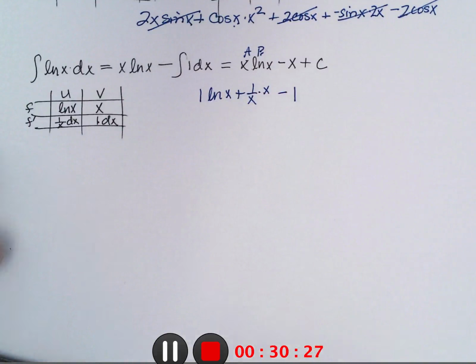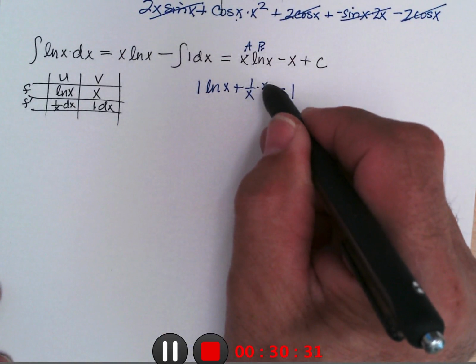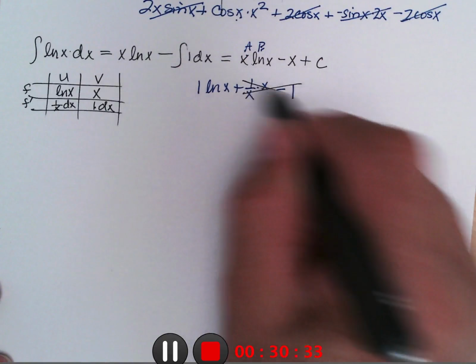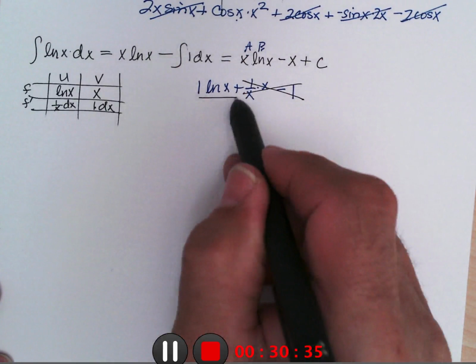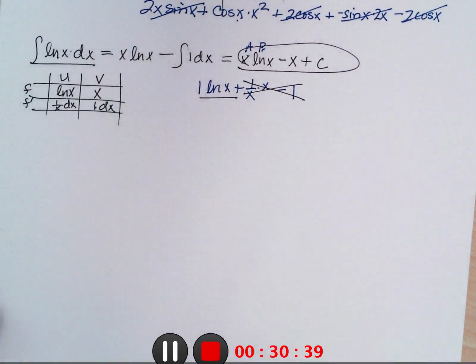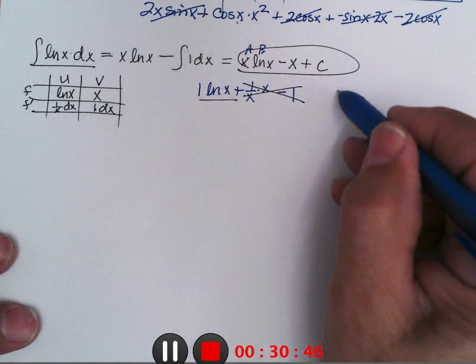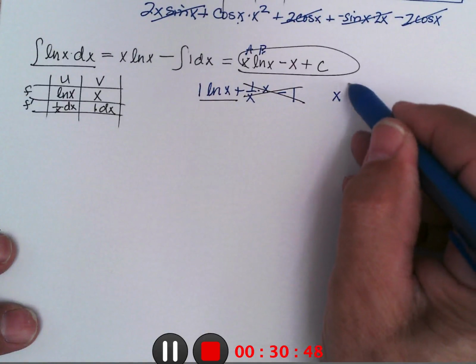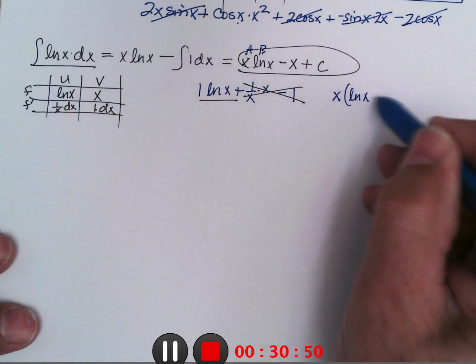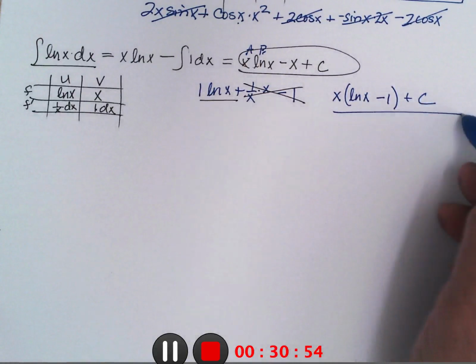And we have 1 over x times x, which is 1, minus 1 is 0, so we get ln x. So this is a correct antiderivative. You could factor an x out of this and call it x times ln x minus 1 as the antiderivative of ln x.